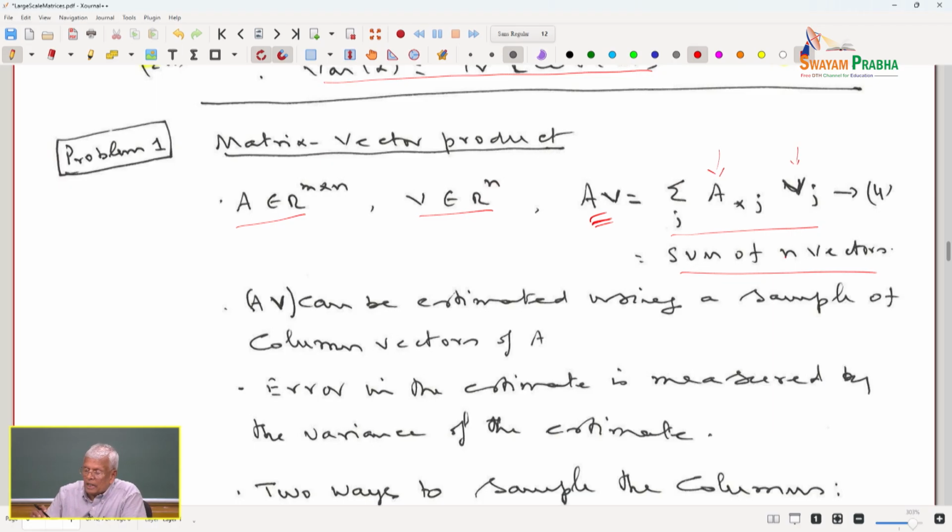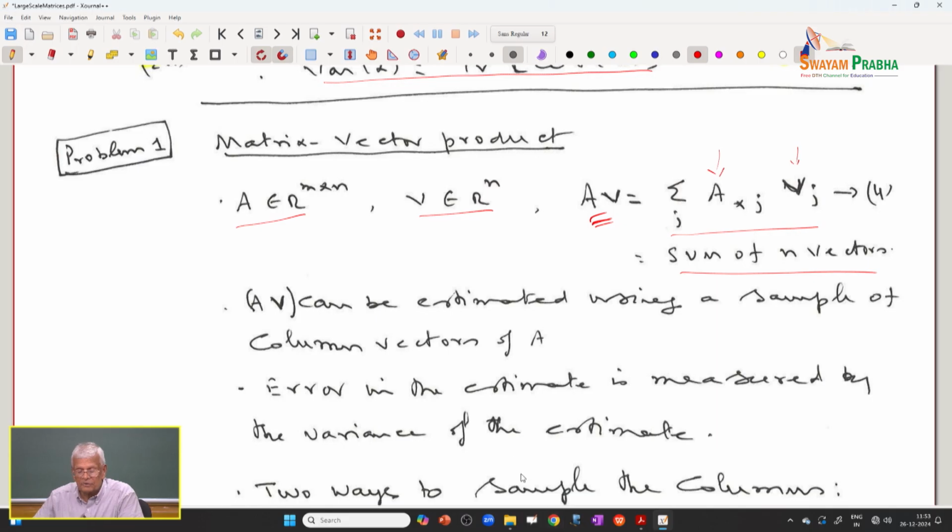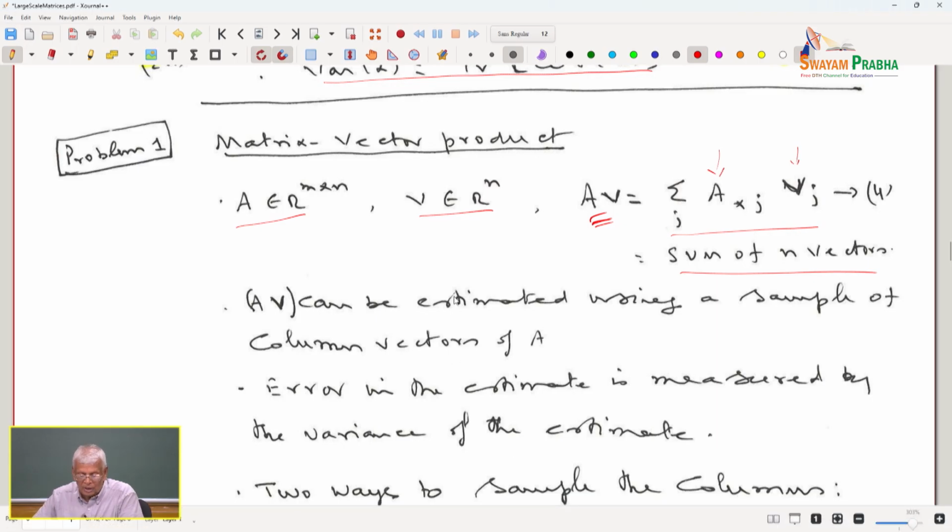If I am interested in adding only some of the columns, the linear combination of only some of the columns, it will be an approximation to the exact sum, and I would like to be able to pick the columns and the probabilities such that the approximation is a good approximation and the computation time is less. Please understand, there are two key things. One, I should be able to compute fast. Two, I should be able to compute whatever I am computing fast to a good quality.